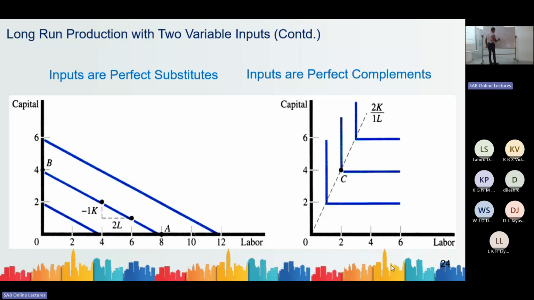At any point, the slope is fixed. It can be 1, or 2, or 3, any number. But at any point, the slope is the same.